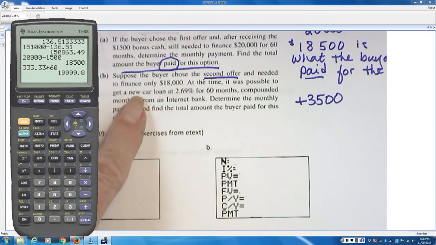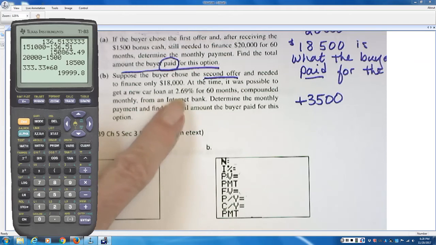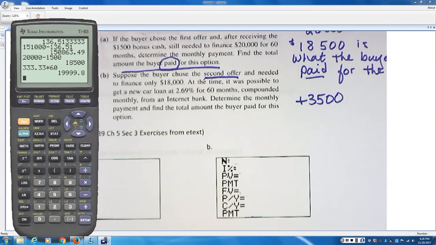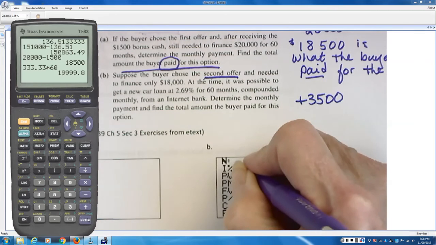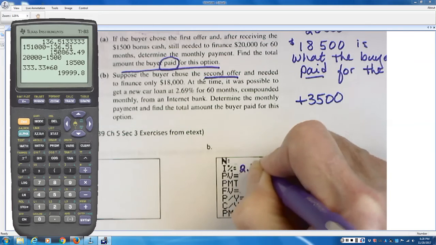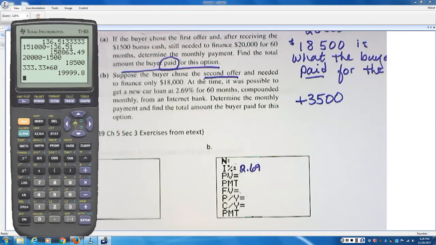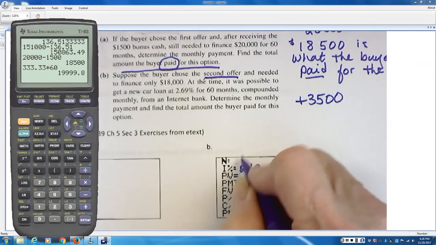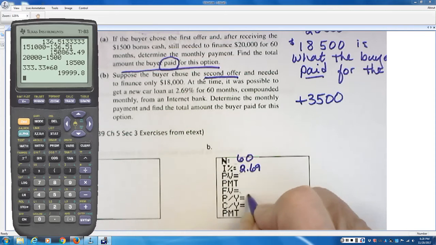And then at that time, he could get a new car loan at 2.69% for 60 months, which is a 5-year loan.